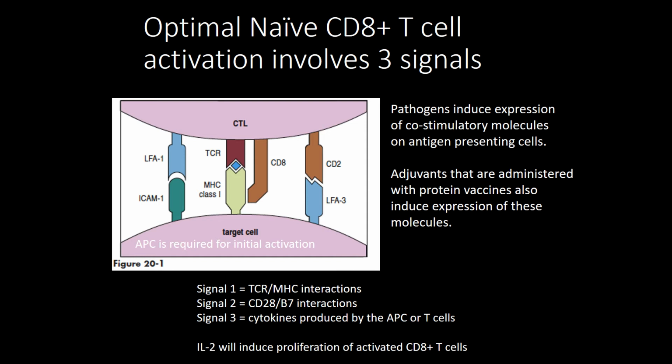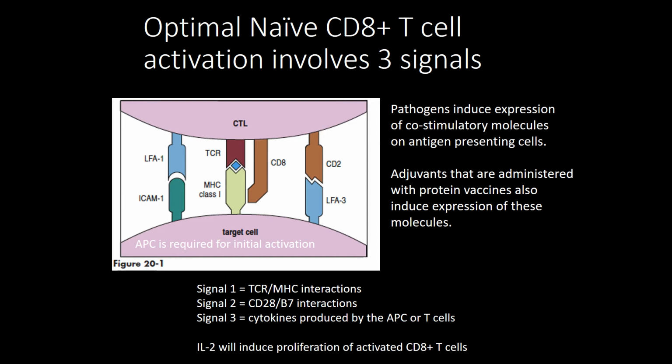And when that occurs, you can get activation. Okay? You can also induce those co-stimulatory molecules through adjuvants that are added to vaccines, and those adjuvants will also stimulate the antigen-presenting cells to express co-stimulatory molecules.